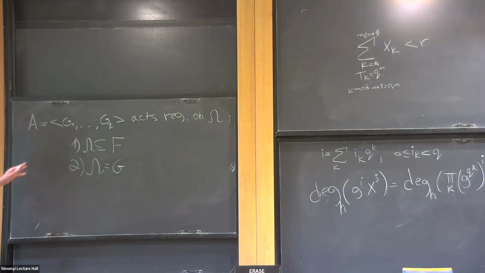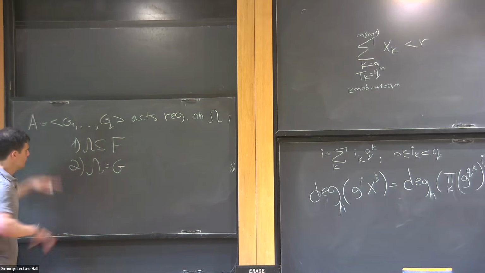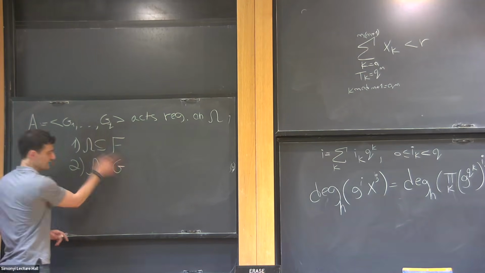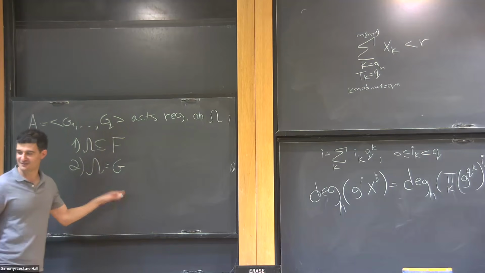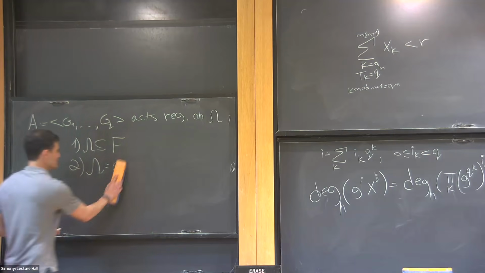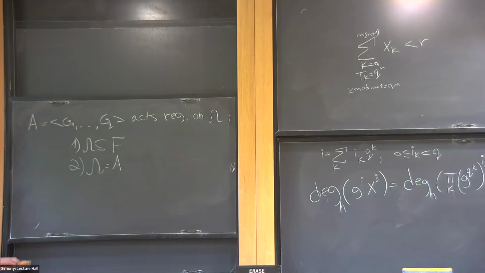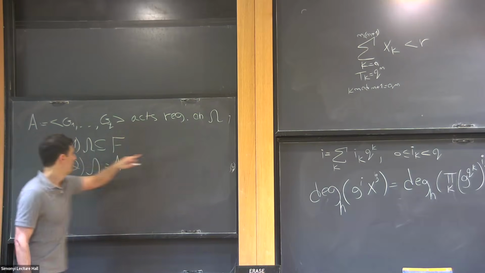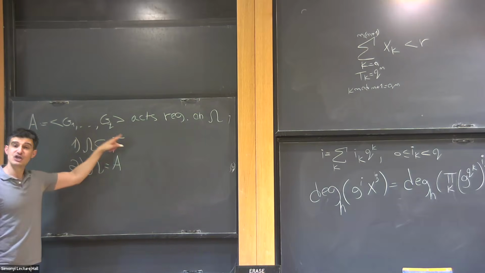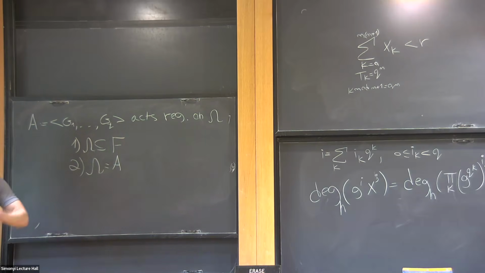Note that I changed the notation for the group: the group is A, not G. So the group acts on itself. Since A acts on omega, each of the G_i also acts on omega, and each one of them partitions omega into orbits.